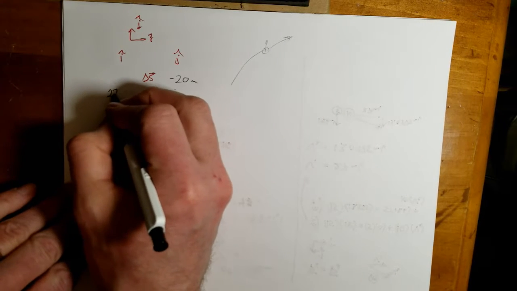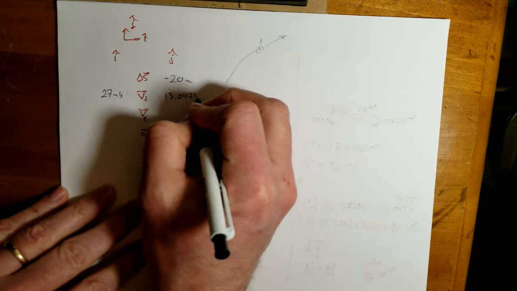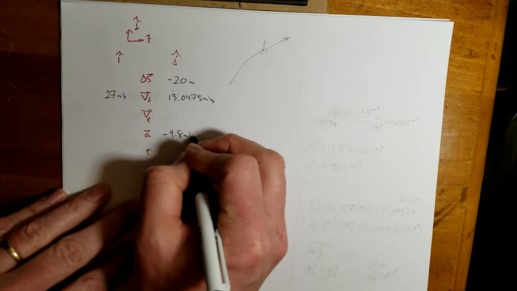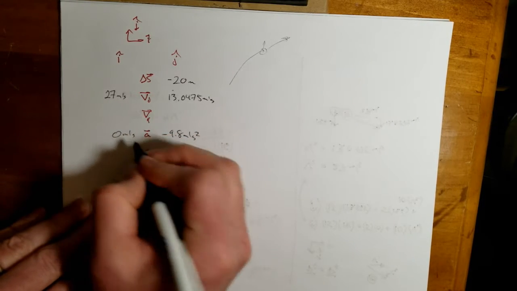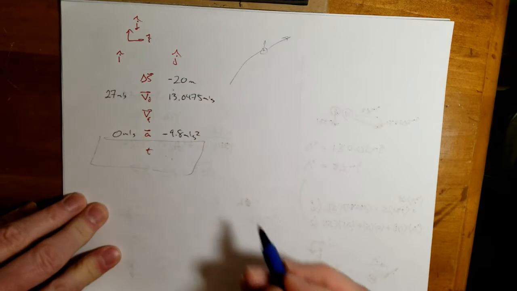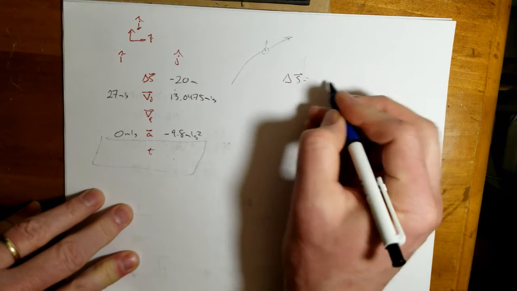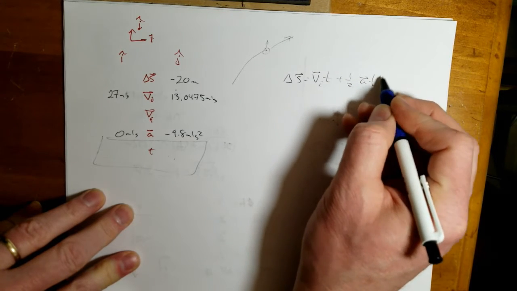This was 27 meters per second, and this was 13.0475 meters per second. My acceleration vertically, negative 9.8 meters per second squared. We don't know time. We know this 0 meters per second. And classic problem. So we solve for time and then figure that out. So plugging into the one we've used so many times, plus 1/2 AT squared.